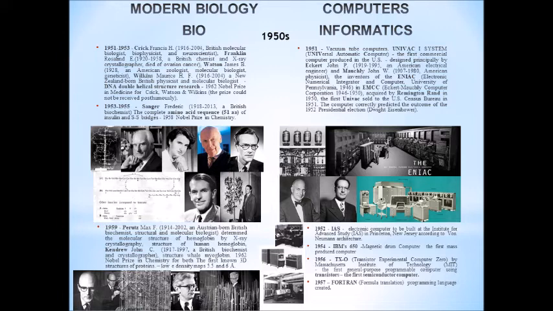So I think that you know those things on the left about biology, the most important discoveries, like DNA of Crick and Watson, and of course we shouldn't forget about Rosalind Franklin, who was actually forgotten for the Nobel Prize.